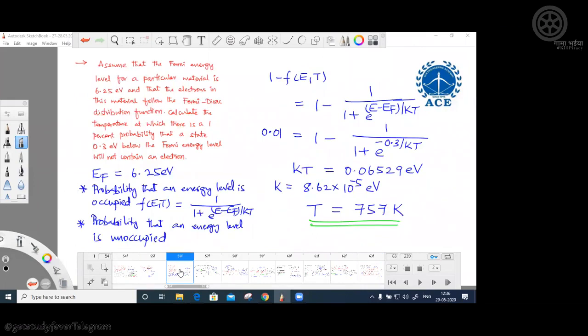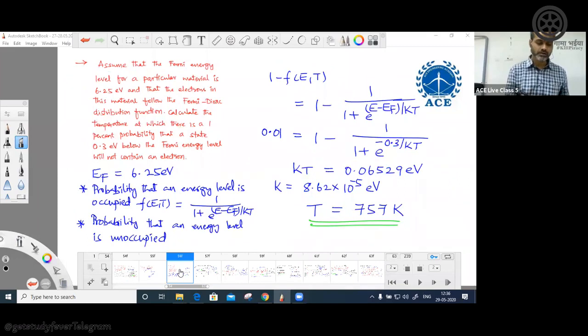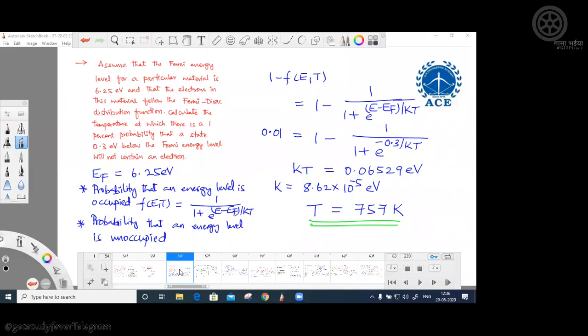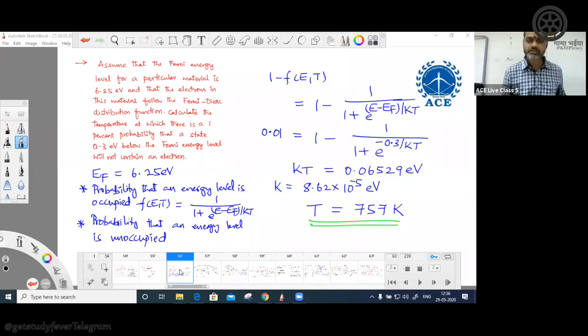Sir, here the Fermi level down 0.3 eV is there. If we take Fermi level down 0.4 eV, will the electrons be present? I'm not getting your question.